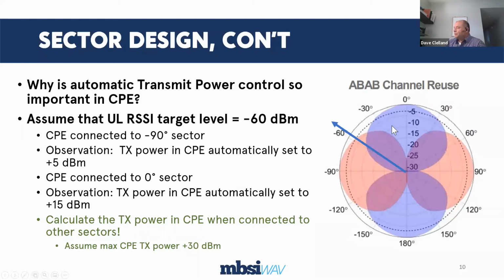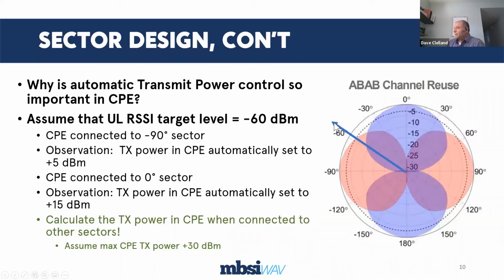If this CPE joins the north sector, or heaven forbid, the west or the south or the east sector, then the transmit power of that CPE will be turned up to maximum in order to arrive at the same level at, let's say, this south sector as all my CPEs that are actually connected to the south sector would arrive at that level.